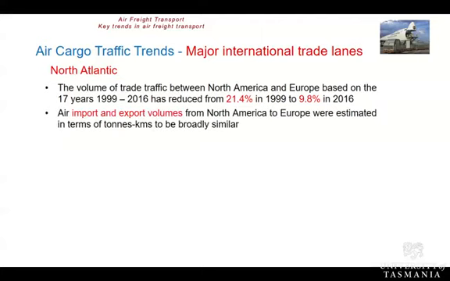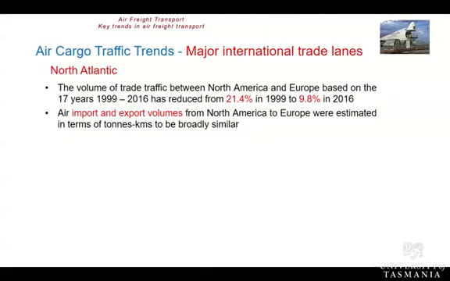In terms of airport export volumes, they're actually quite similar. Not a big imbalance like you see on the other Asia to Europe and Asia to North America. One of the reasons why there isn't such an imbalance is that if you look at the manufacturing profile of Europe and the manufacturing profile of North America, you'll see a lot of similarities.